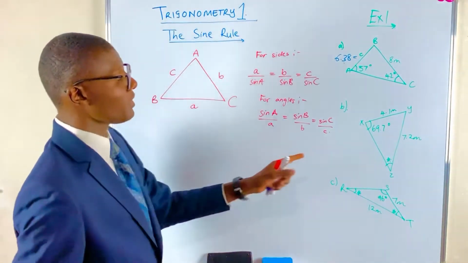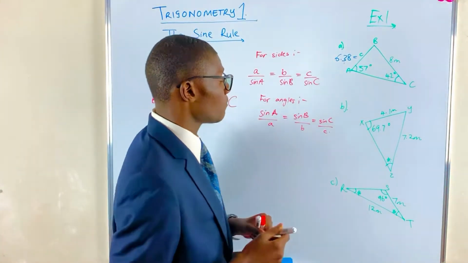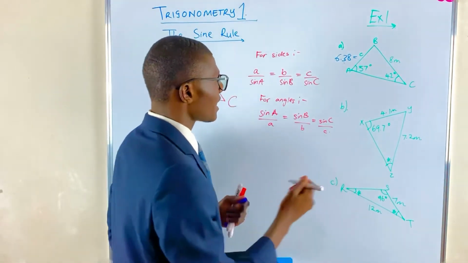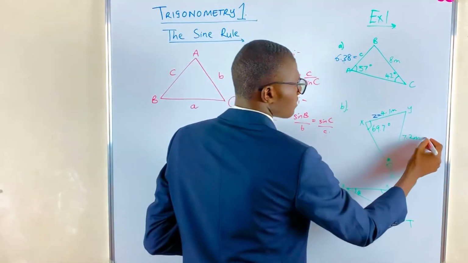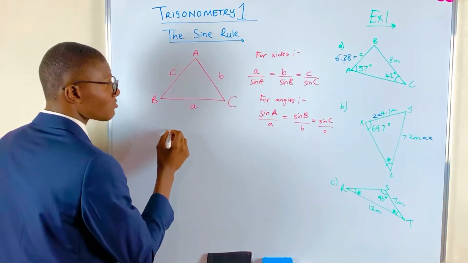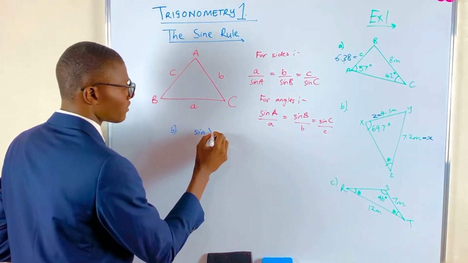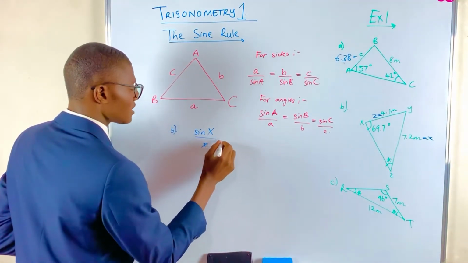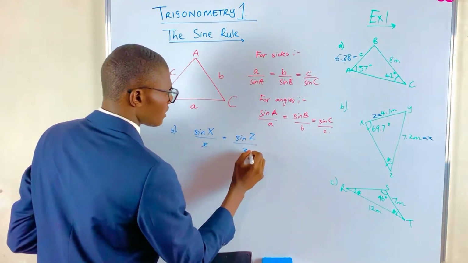Now with B, we want to find an unknown angle. If this is angle Z, capital letter Z, and this is side small letter z, and this is angle X and this is side small letter x, we are saying for angles, sine X over small letter x is equal to sine Z over small letter z.